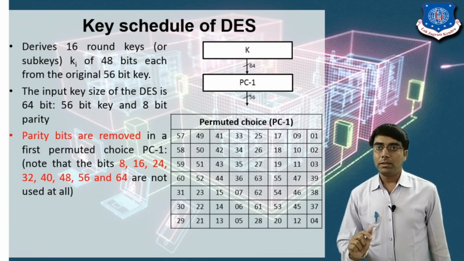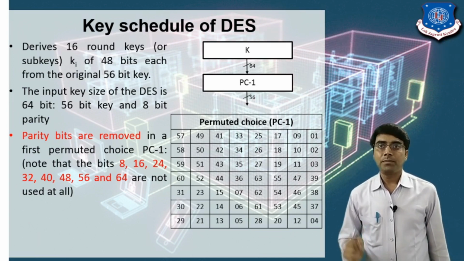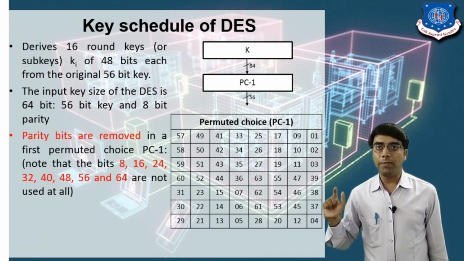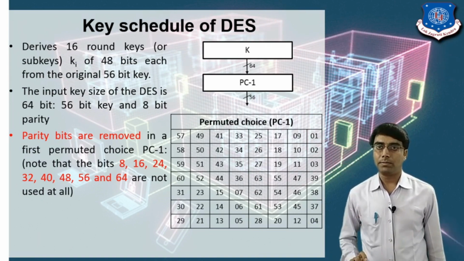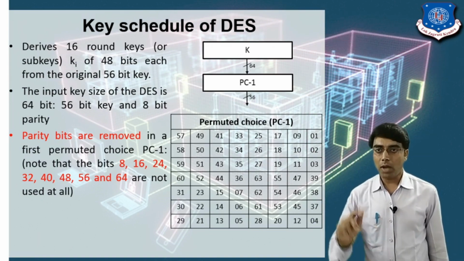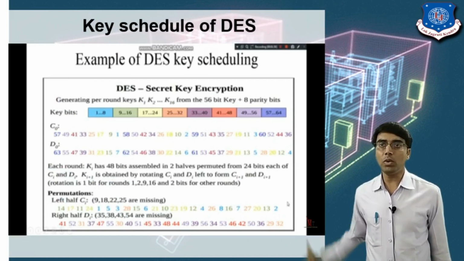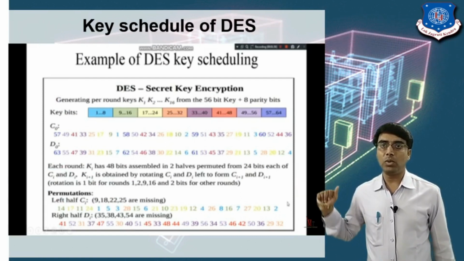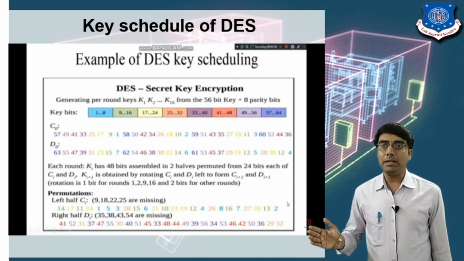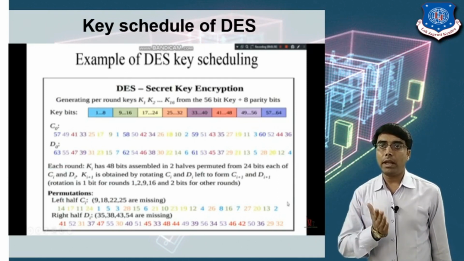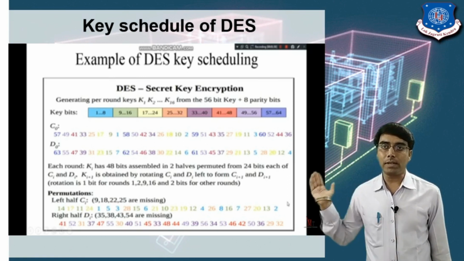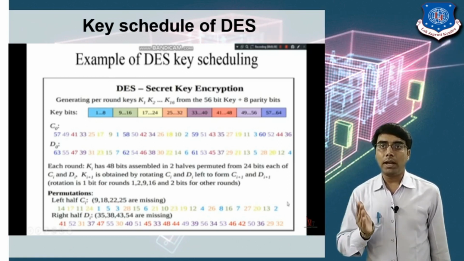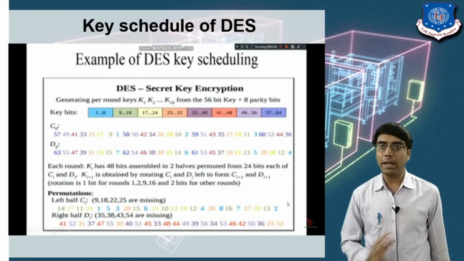There is another method to fill this table. Let's see. Here in this figure you can see the key bits are 1 to 8, then 9 to 16, 17 to 24, then 25 to 32, like this.